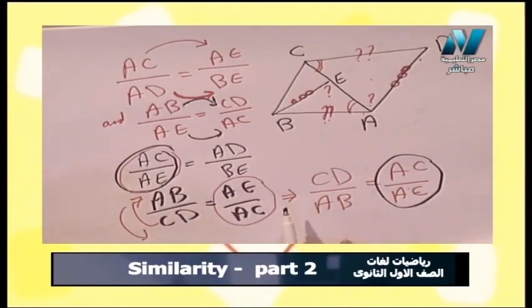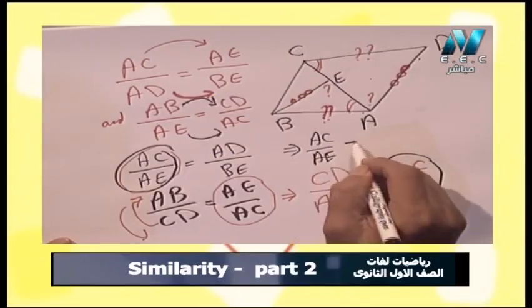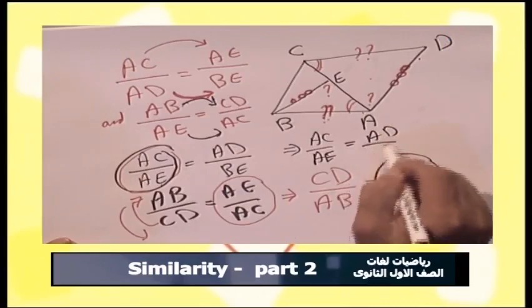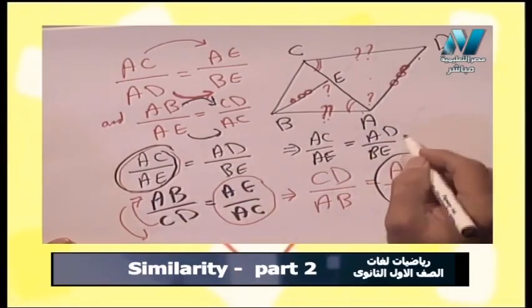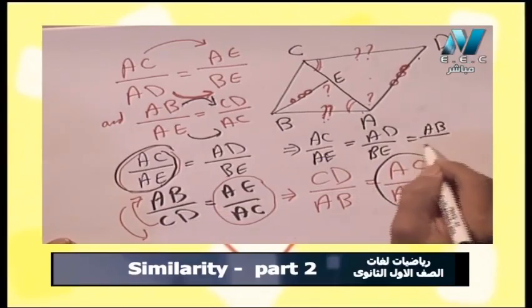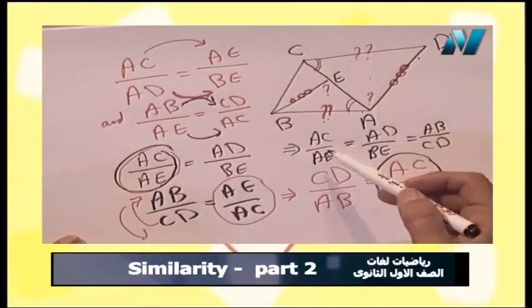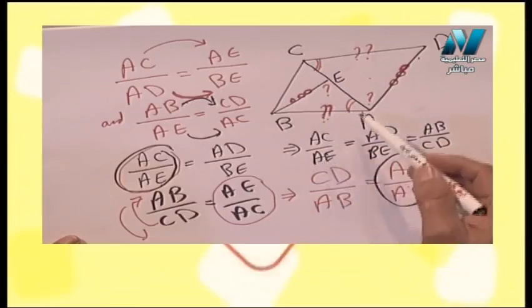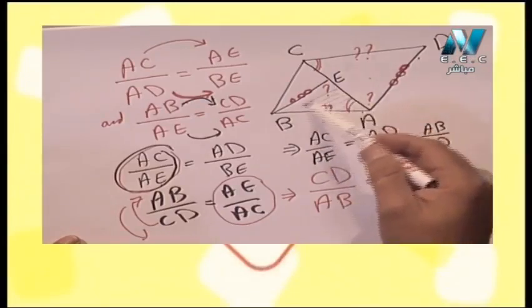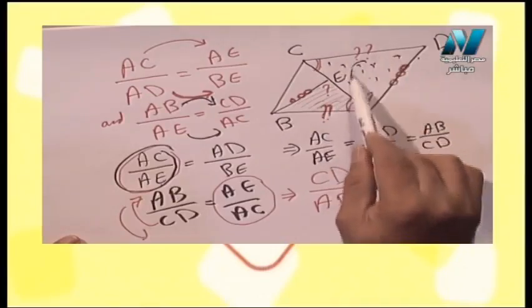So we can easily prove that the ratio AC over AE equals AD over BE, which is this one, equals AB over CD. When you look at these two triangles, you will find that AC here in the first triangle over AE in the second one, which is this triangle, and we have this big one here.